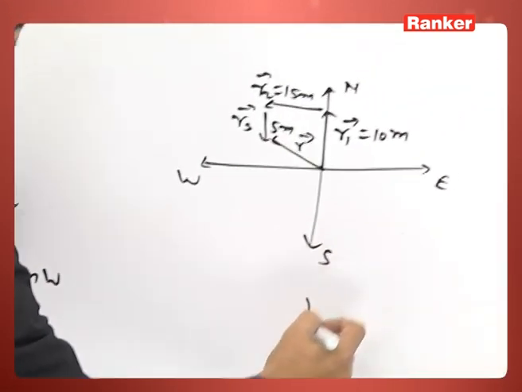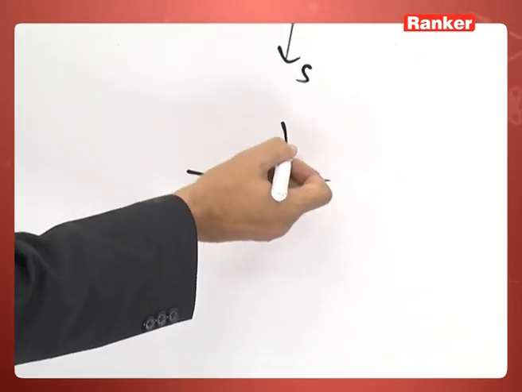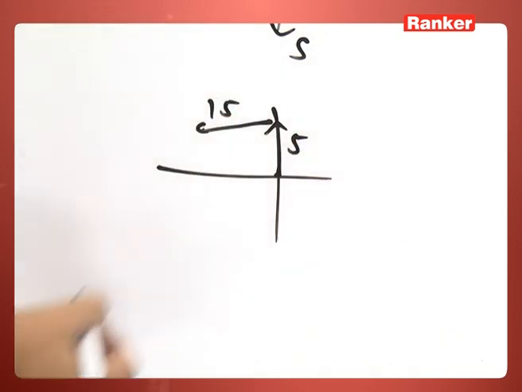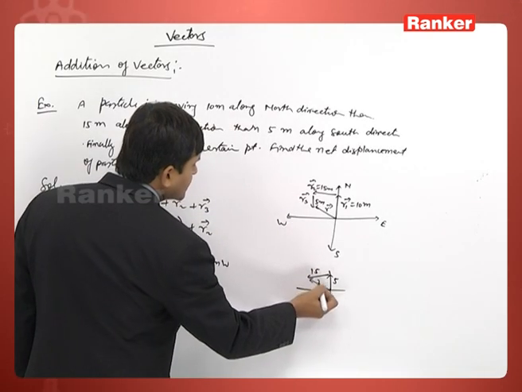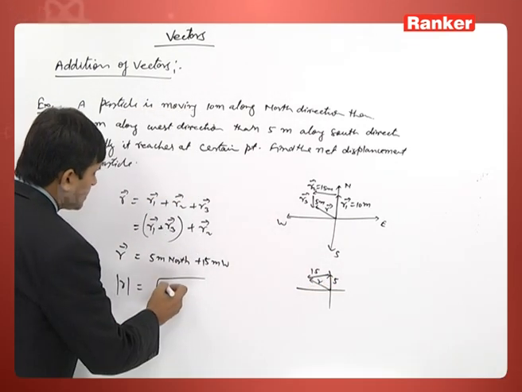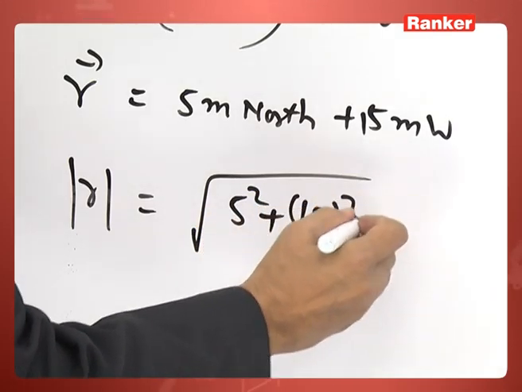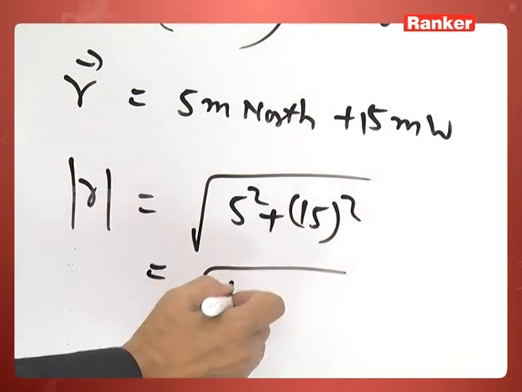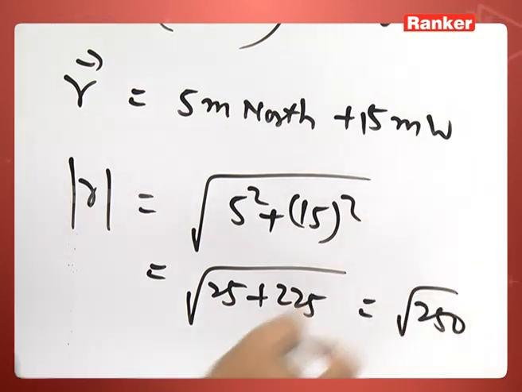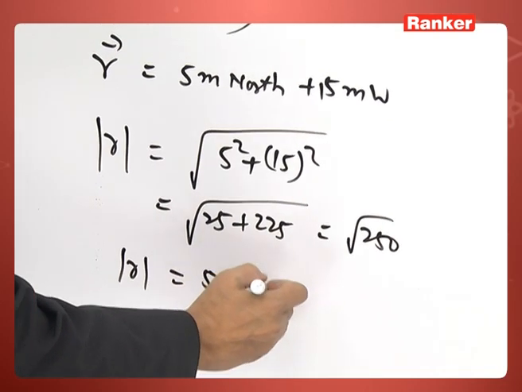So, see here, one vector is 5 meter north, another is 15 meter, then this is the vector R. So, vector R is root over 5 square plus 15 square, 5 square is 25, 15 square is 225. So, this will be root 250. The mod R is equal to 5 root 10 meter.